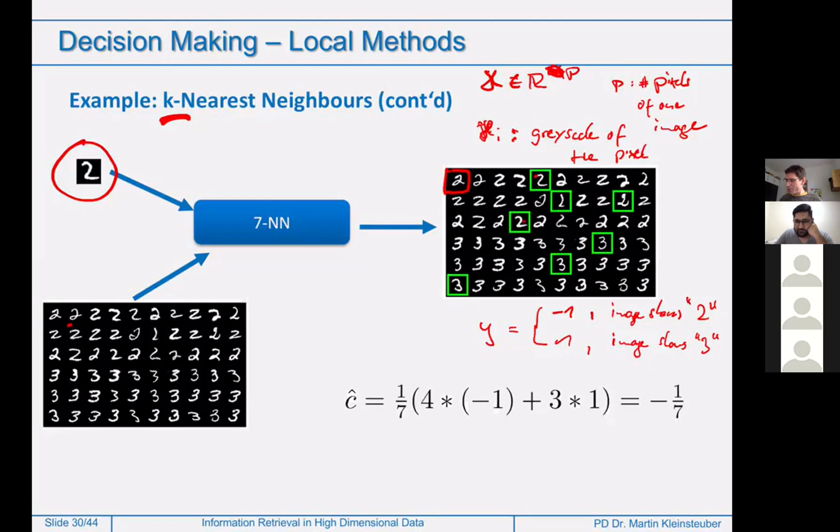So these are the 1, 2, 3, 4, 5, 6, 7 nearest neighbors, and the nearest neighbors vote for y being -1 with 1/7 on average.